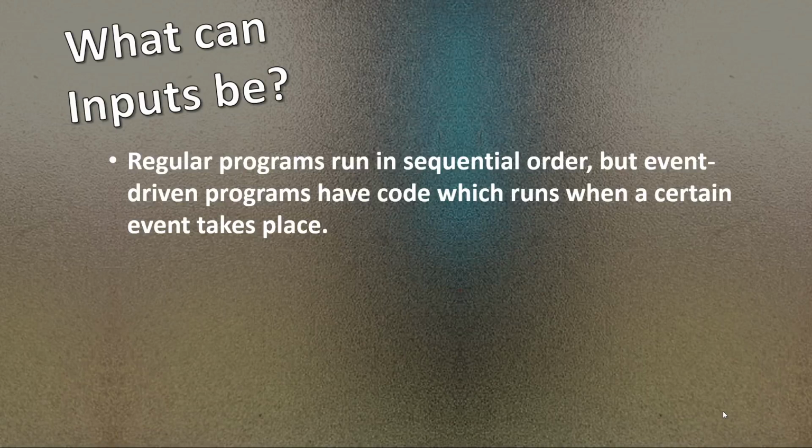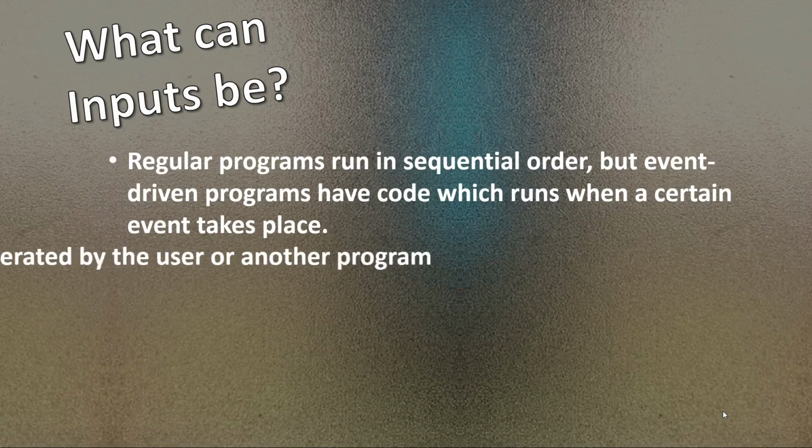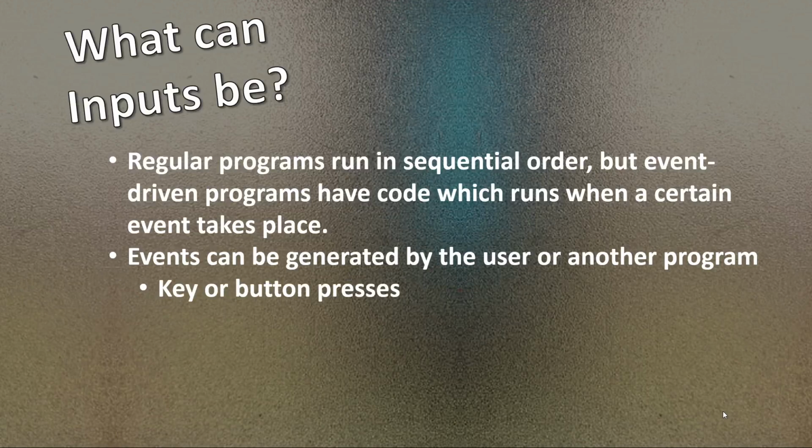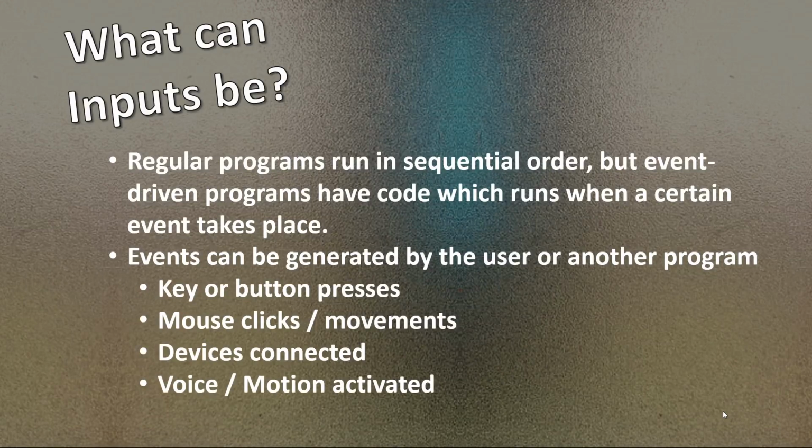If you're on another app, but then you decide to change the volume of the music that's playing, that volume button is going to interrupt the operating system and say, hey, listen, something's happened. A button's been pressed. What do you want me to do? That's an event-driven program. So yes, normal programs will run in sequential order, step by step, but sometimes there'll be an event that happens and you need to respond to that. And so events can be generated by all these different things.